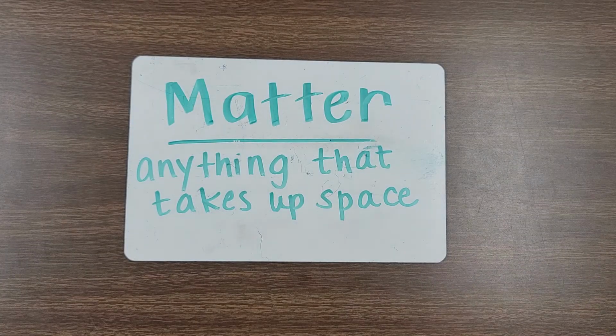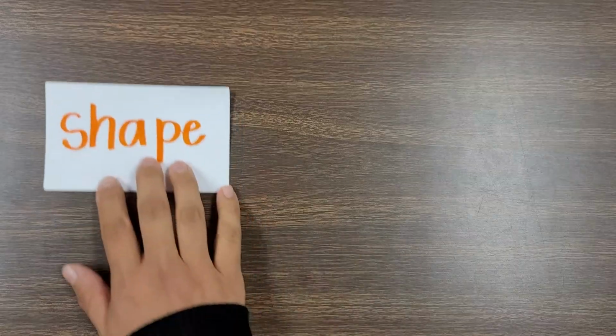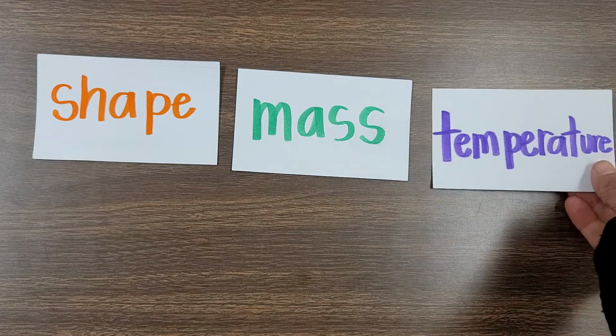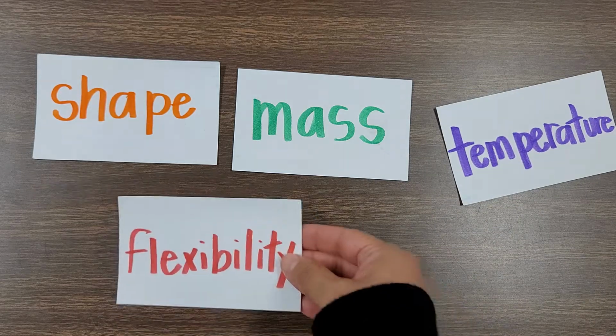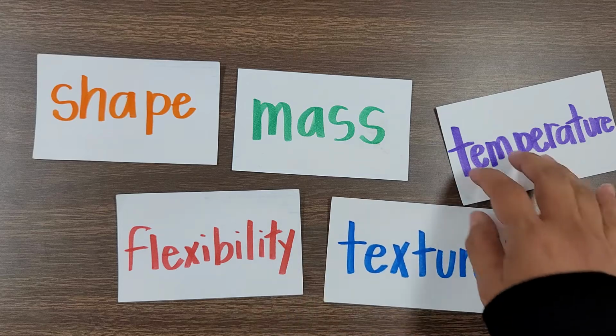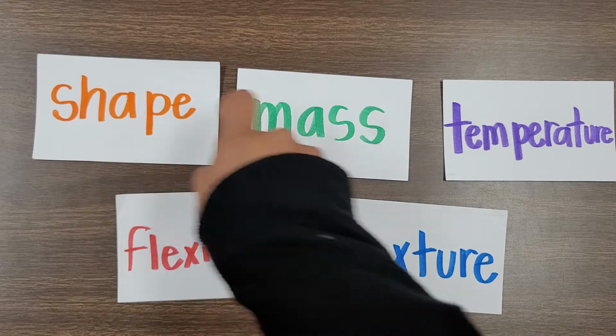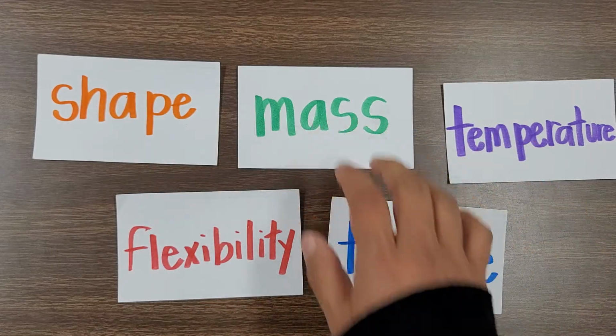Well, you can use properties like shape, mass, temperature, flexibility, and texture. You can classify items that have matter with any of these properties.